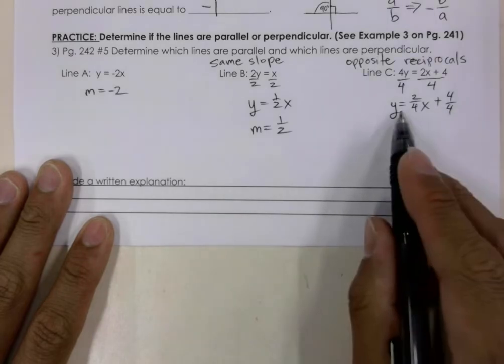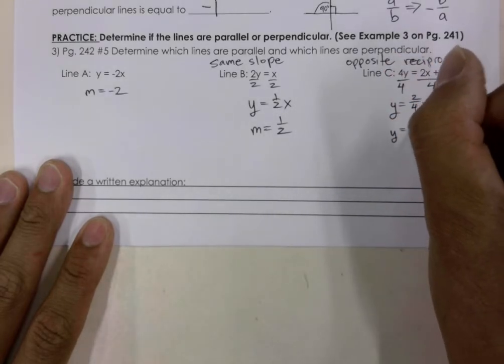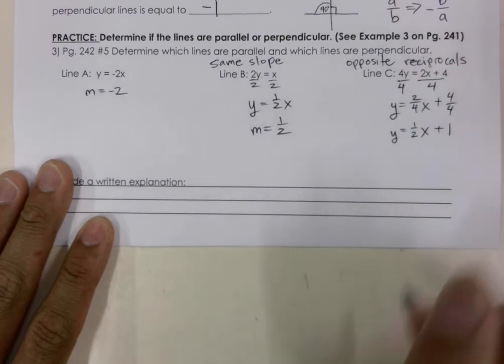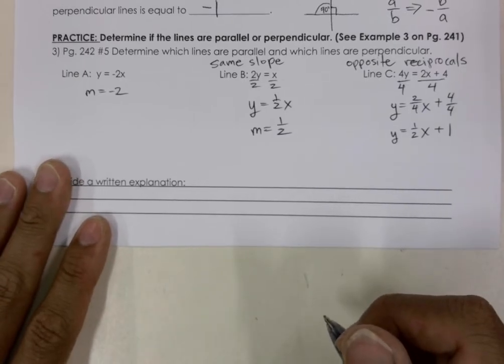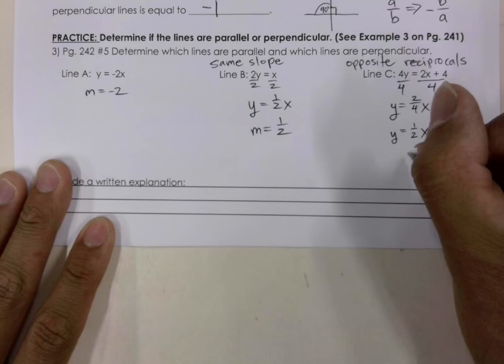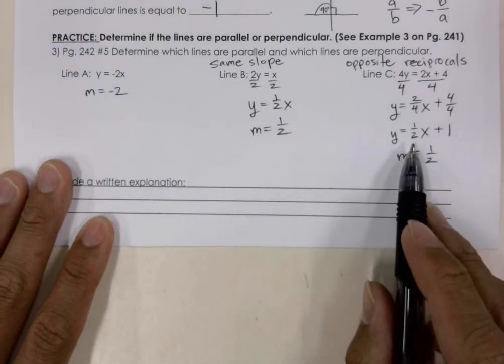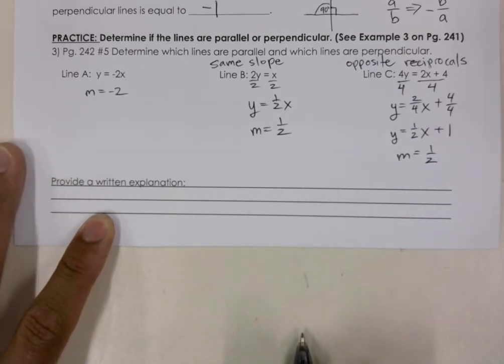We can reduce these fractions. So let's rewrite our equation as y is equal to 1/2x plus 1. So in this third case, our slope is 1/2, the number in front of the x.